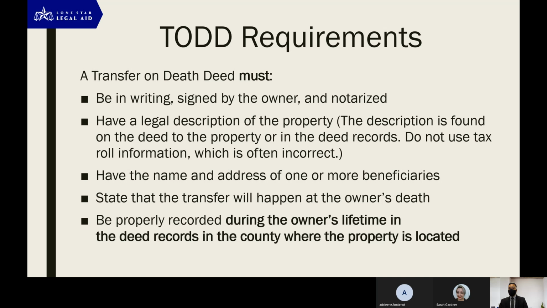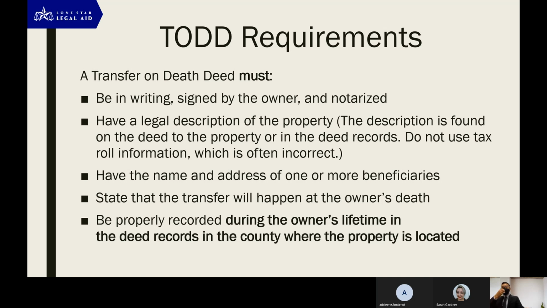Don't use your tax roll information because that's usually not right. So make sure if you're going to draft a TOD or get one drafted, you're using the description in the deed to the property or in those deed records. The transfer on death deed must have the name and address of one or more beneficiaries.